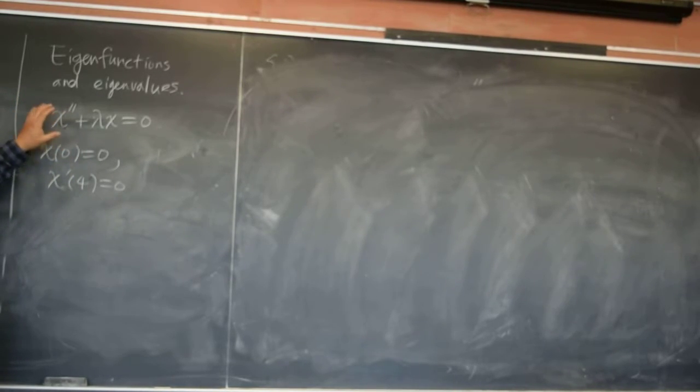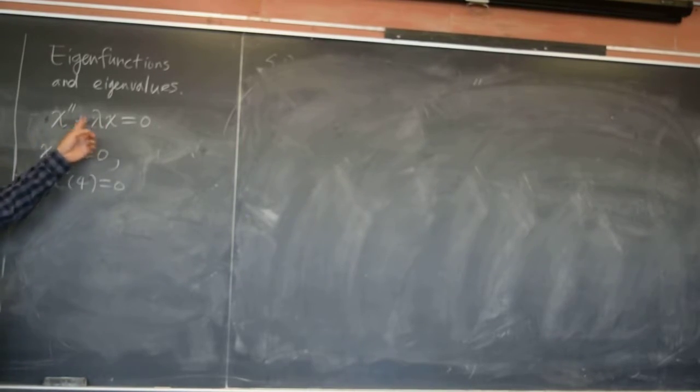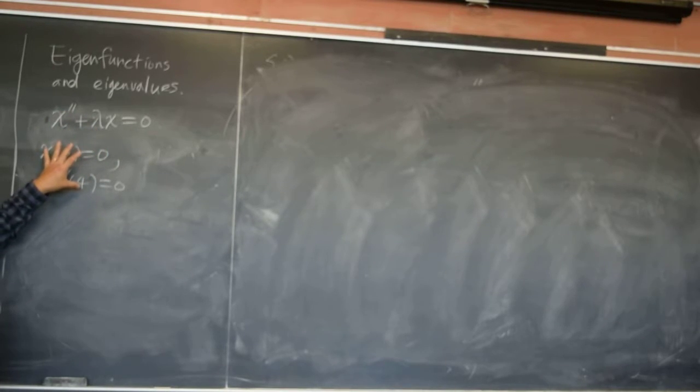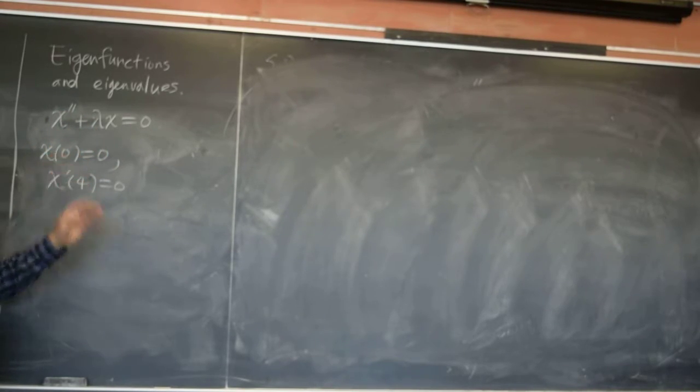In our case, it'll always be just this same differential equation, because this is the one that you have to solve for the heat equation or the Laplace equation. That's why we will only concentrate on this. But for the general case, you have more complicated forms of differential equations with different types of boundary conditions.